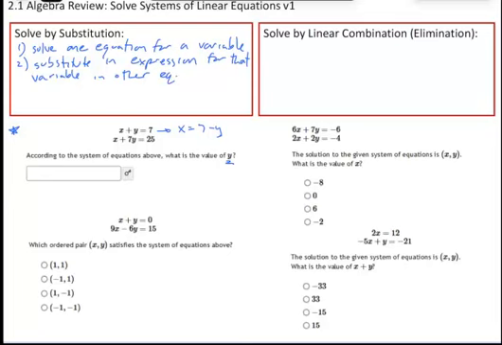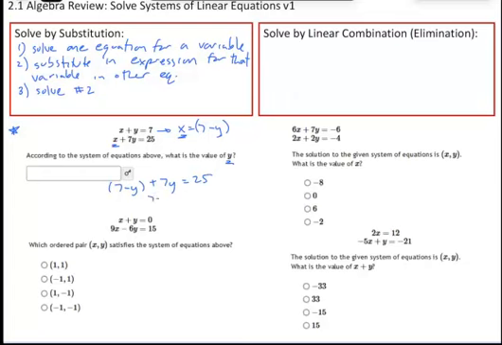So here, if we take this value for x, we come down to this second equation and replace the given x with what we just determined, that x is equivalent to 7 minus y. So we substitute 7 minus y for that x, plus the 7y is equal to 25, leaving everything else the same. You're then going to solve that equation from step number 2 for whatever variable remains.